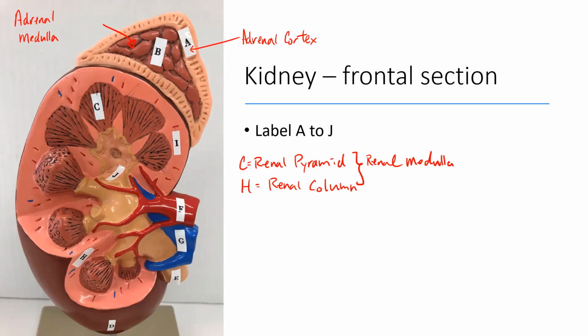What else do we have? I here is the outside, so that's the renal cortex. Any organ that has an outer layer and an inner layer, it's always cortex on the outside and medulla on the inside. F is the renal artery. G is the renal vein. E over here is the ureter.